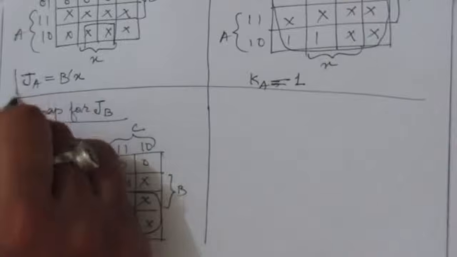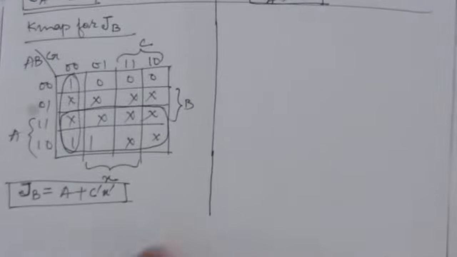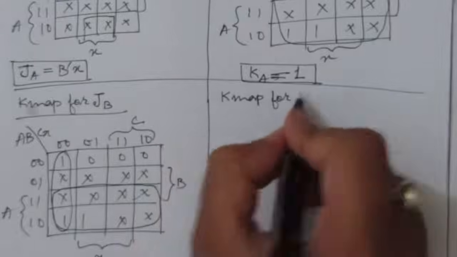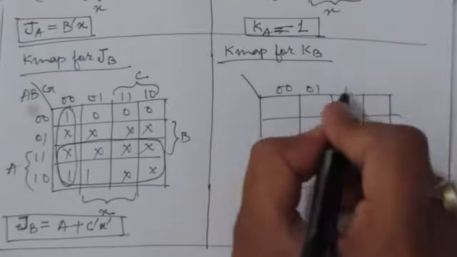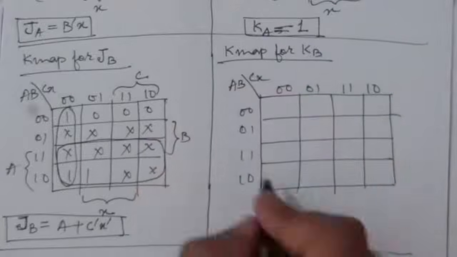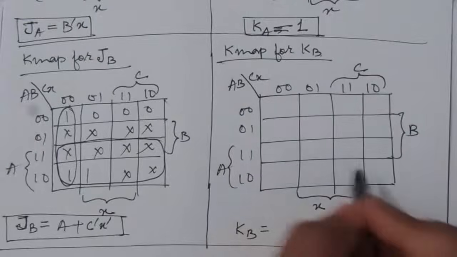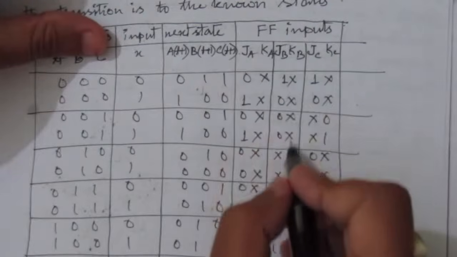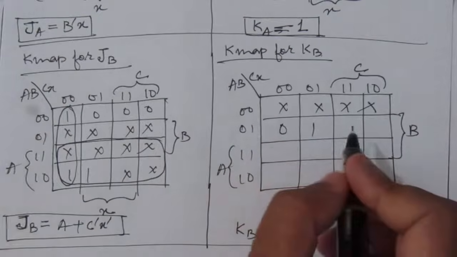We have got the expression for JA, KA, JB. Now we have to find out the expression for KB. So we have to fill up this K-map with the KB values. So KB we have don't care, don't care, don't care, don't care, 0 1, don't care, don't care, don't care, 0 1.